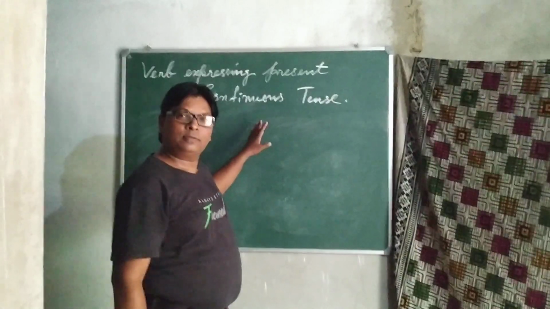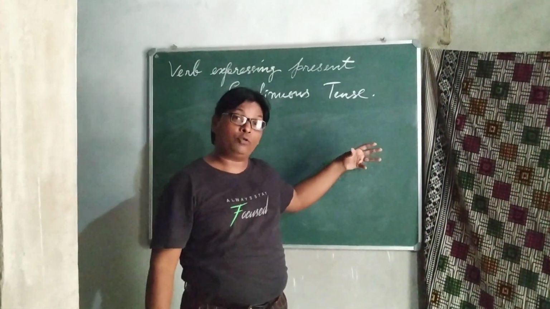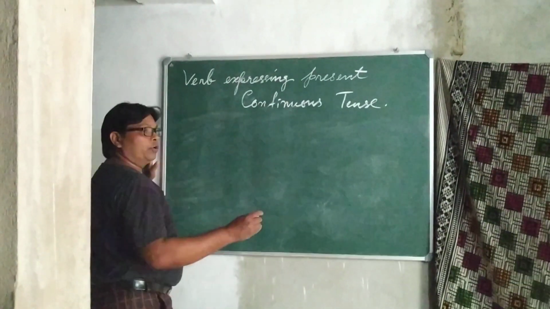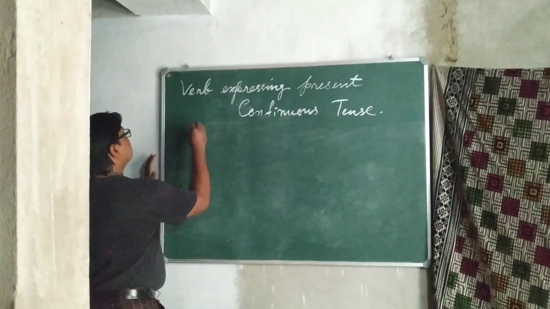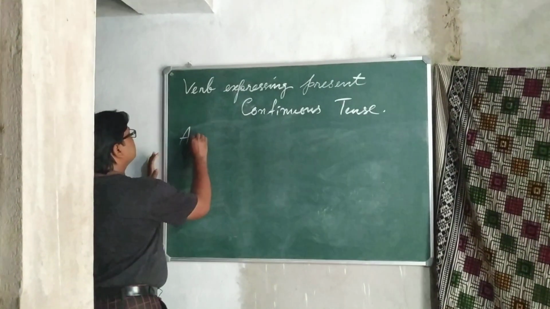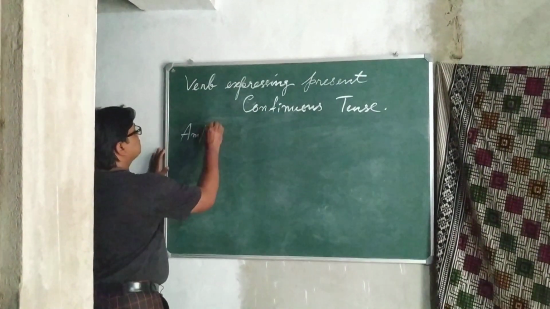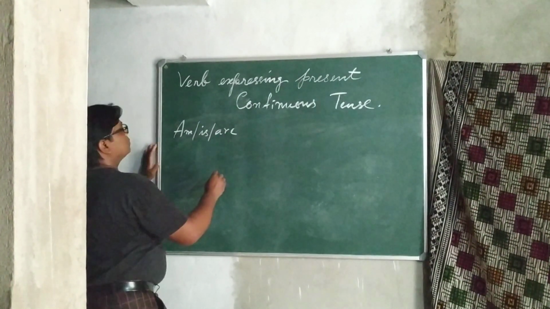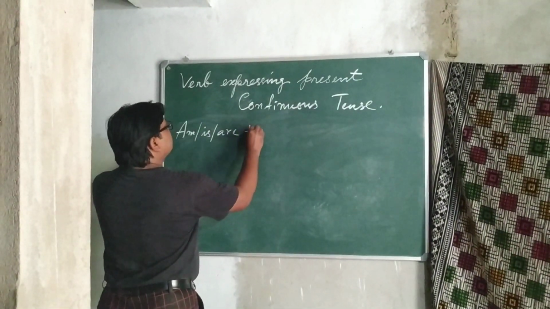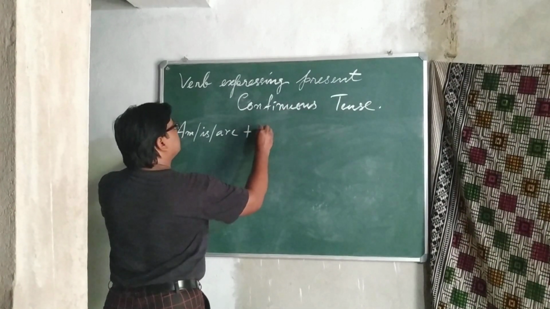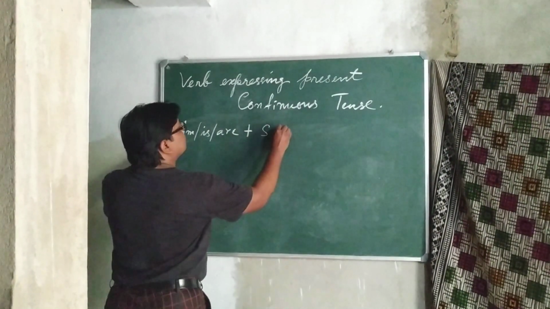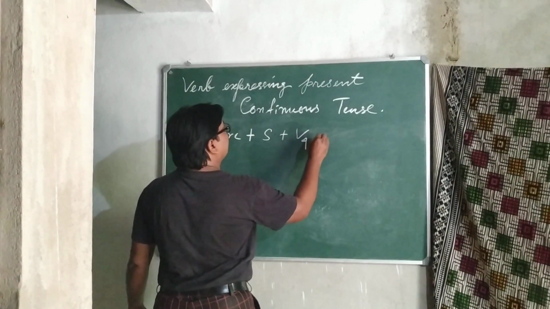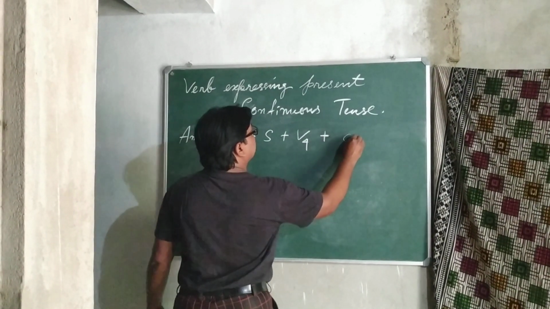You follow this formula, then try to apply it to your sentences. An interrogative sentence begins with am, is, are, plus subject plus V4, plus object.